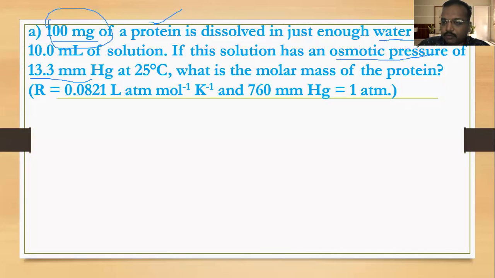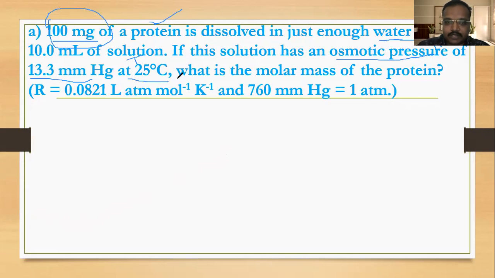How do we represent osmotic pressure? Osmotic pressure is pi. Pi is given already at 25 degrees Celsius, so we have the temperature also. You need to convert 25 degrees Celsius into Kelvin, isn't it?